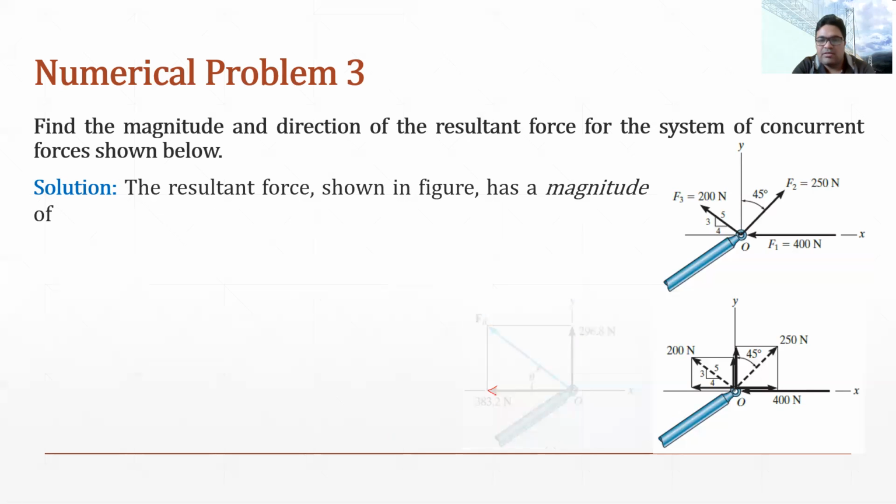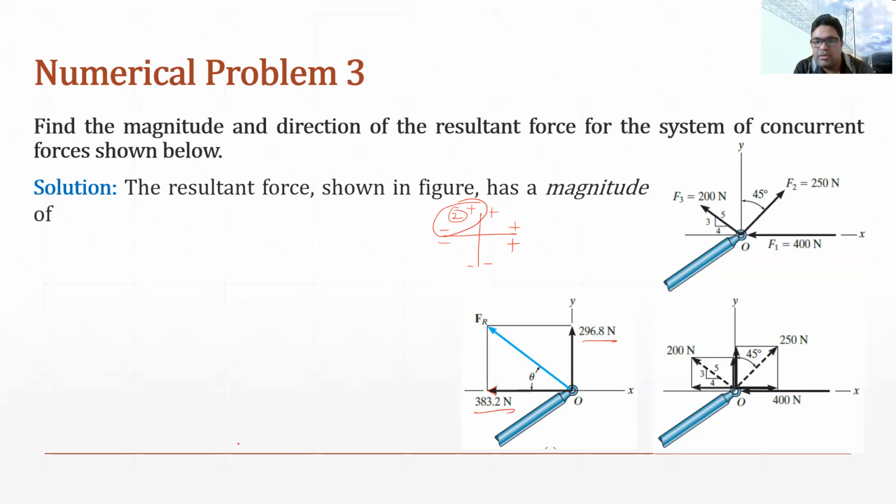So the resultant falls in the second quadrant. Like I said, positive, positive; negative, positive; negative, negative; positive, negative. This time it is falling in the second quadrant. So that is why the resultant is shown like this. Summation of Fy is 296.8, summation of Fx is 383.2, the resultant will be in the second quadrant, and the direction of the resultant with the horizontal axis will be theta.